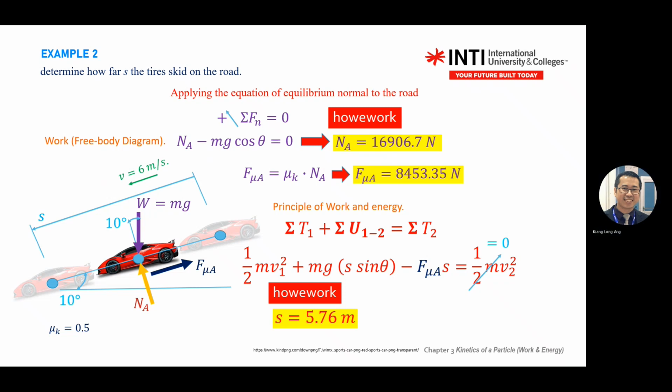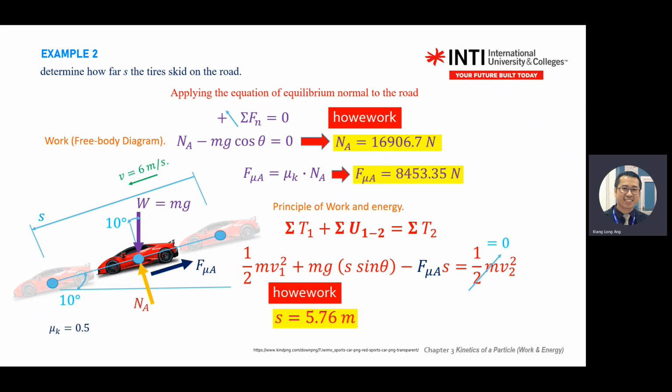Makes sense. You can do the same using Newton's second law. The question will give you like two options. Maybe section A asks you to draw the free body diagram. B, it will ask you to use the principle of work and energy. Then the third one, it will ask you to use Newton's second law to solve the same thing.